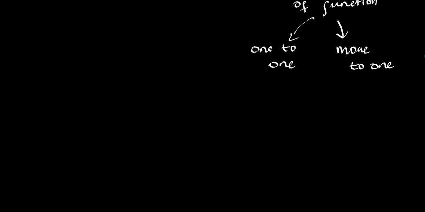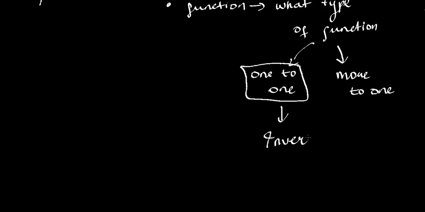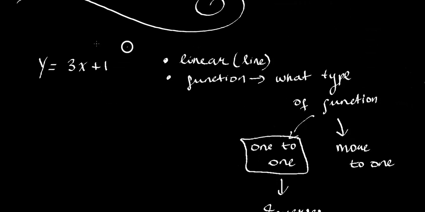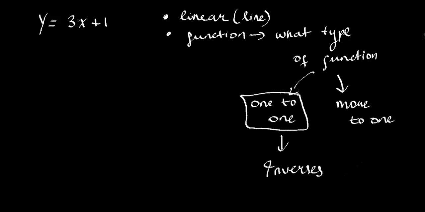The only functions that do have inverses are one-to-one functions. So we want to make sure the functions we are going to be analyzing are one-to-one functions, so they have valid inverses.